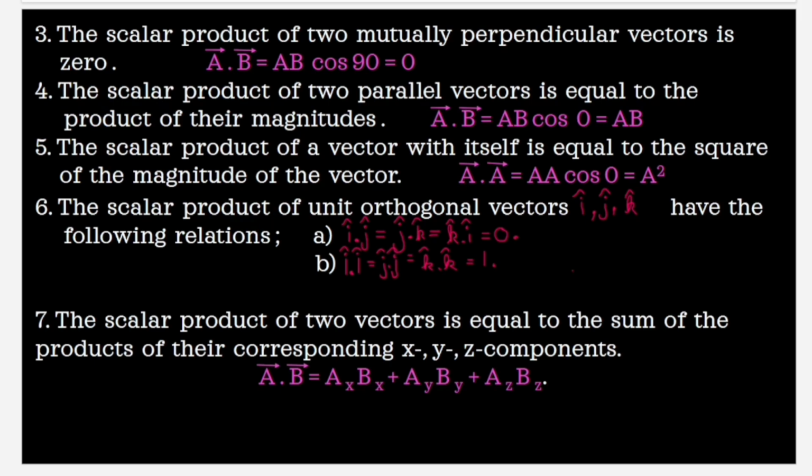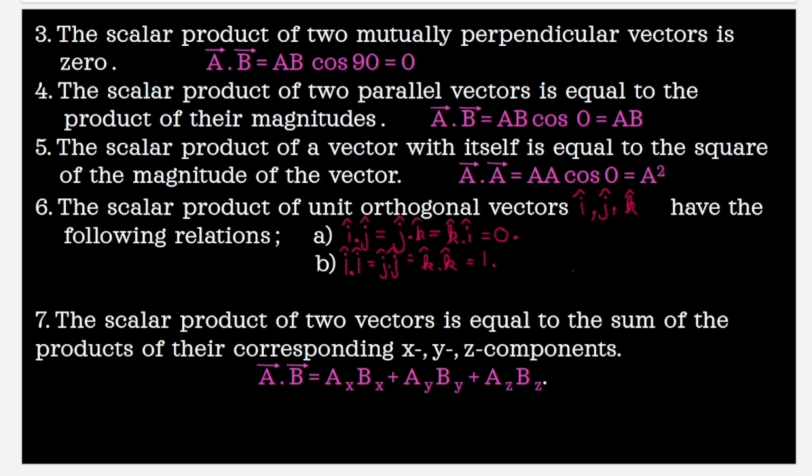Sixth property, the scalar product of unit orthogonal vectors i cap, j cap, k cap have the following relations. i cap dot j cap equal to j cap dot k cap equal to k cap dot i cap is equal to 0 because multiplication of different unit orthogonal vectors will give us 0, whereas i cap dot i cap equal to j cap dot j cap equal to k cap dot k cap is equal to 1 because multiplication of same unit orthogonal vectors will give us 1.